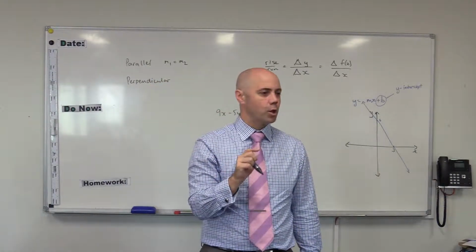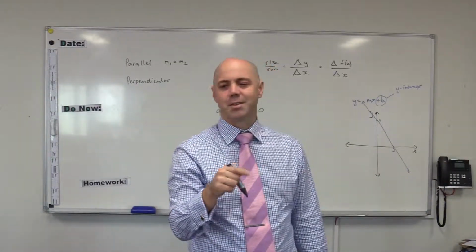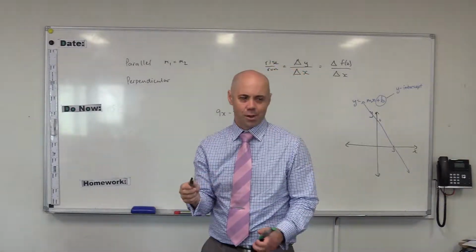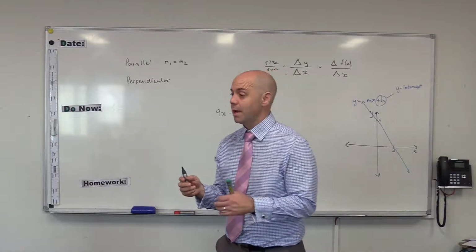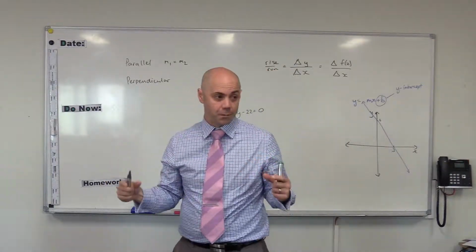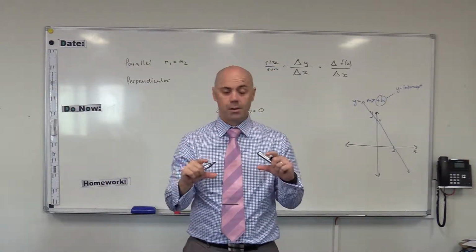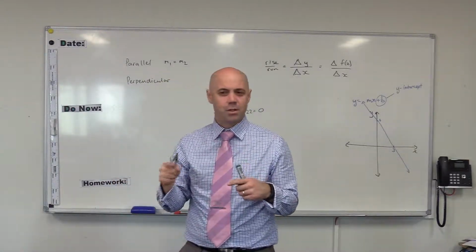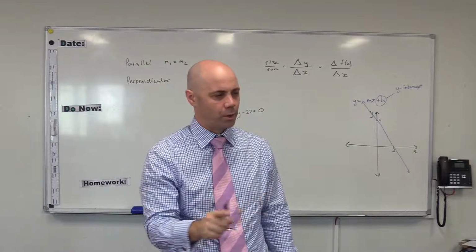It's where they are collinear. It means they're the same line, just written in different form. You can have two equations that look different but have the same gradient, and they could actually be the same line. So be careful to make sure they're not collinear.